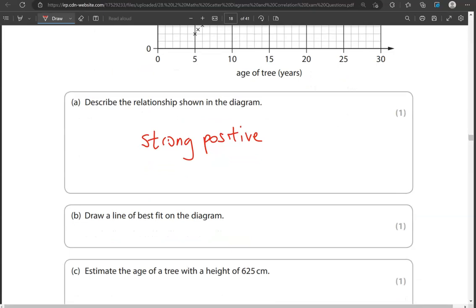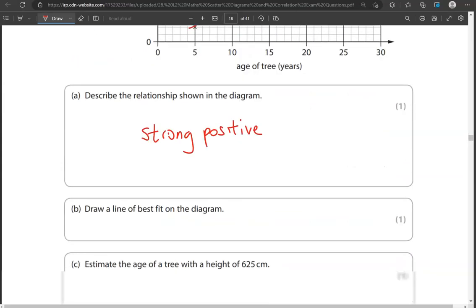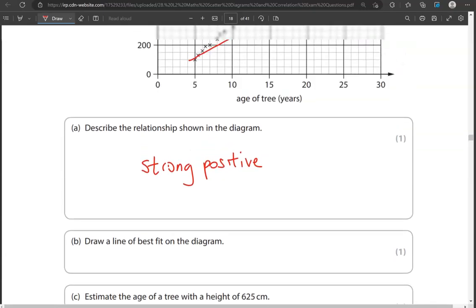So draw a line of best fit on the diagram. Estimate the age of a tree with a height of 625 centimeters.